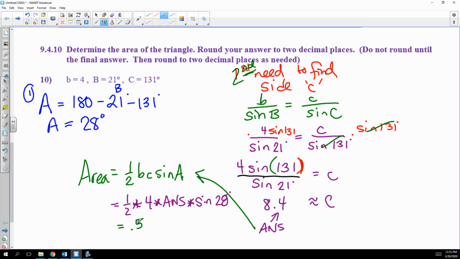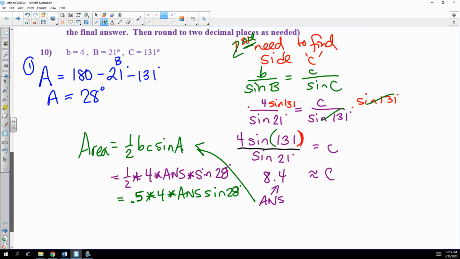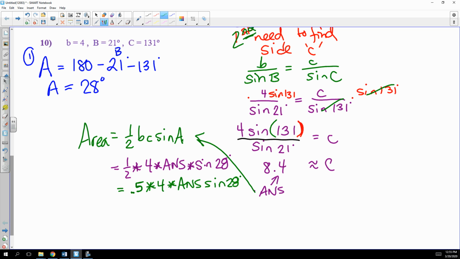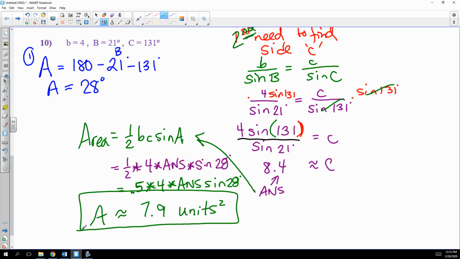So I would probably type in 0.5 times 4 times answer, and then sine 28 degrees, but this looks weird on your calculator when you press answer and then you type in sine of 28 degrees. So the area is approximately 7.9 units squared. Again, if you catch mistakes, then you've got to let me know that I've made a mistake.